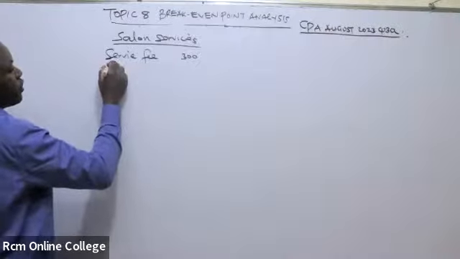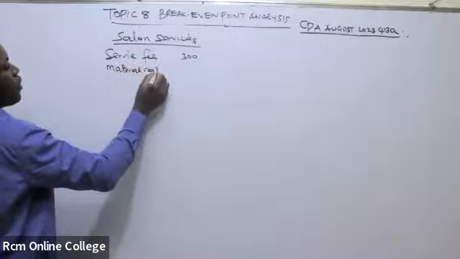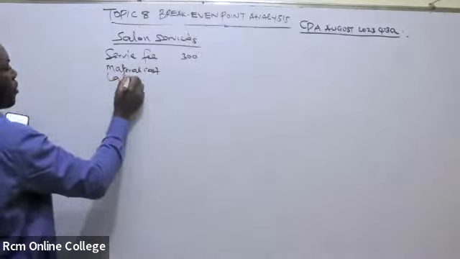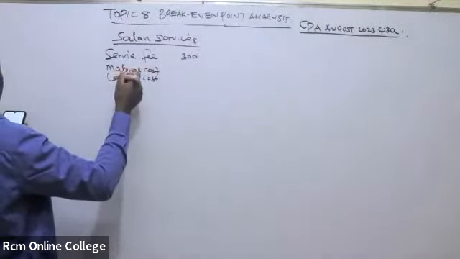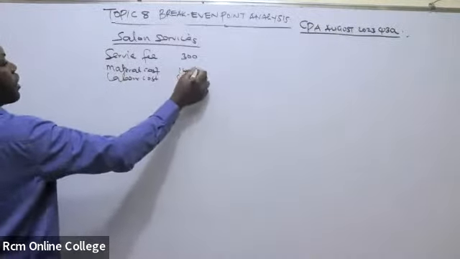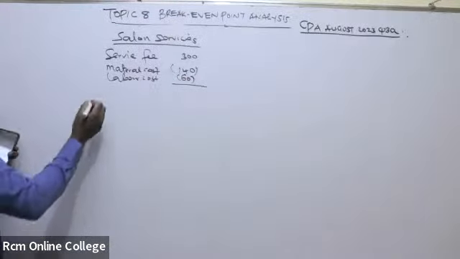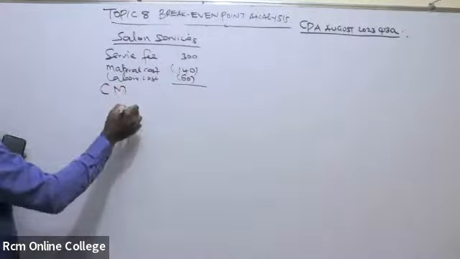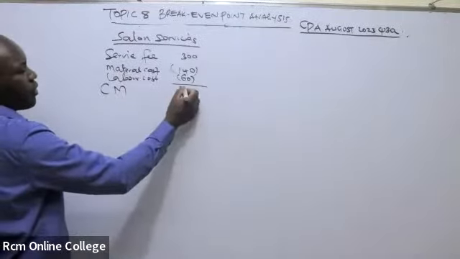We have material cost, which is variable, labor cost, which is variable. So we have 140 and 60. Remember you are supposed to deduct the ones here. When you deduct, what are you getting? Contribution margin. What is your contribution margin? Contribution margin 100. We are getting 100.